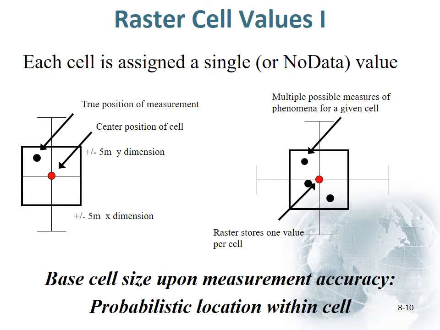So let's think about one of the ways that we can generate rasters, and that's from point locations. For example, if I was out on the landscape collecting a lot of information about a particular study area and I wanted to generate my own surface information based upon those things, one of the simple ways that things can be done is to take my GPS location and say, where's the closest pixel center to that?